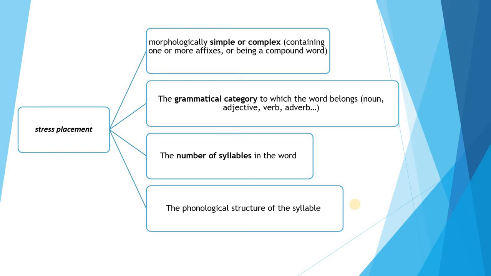The phonological structure of the syllable, as I mentioned before in the previous slide, is basically related to the nature of the vowel and the number of consonants surrounding that vowel.